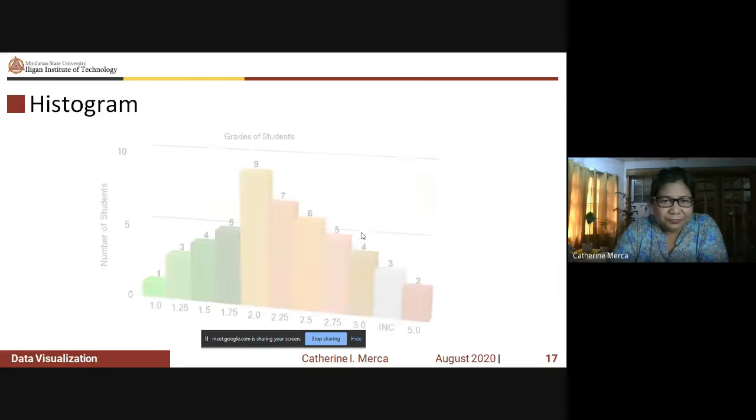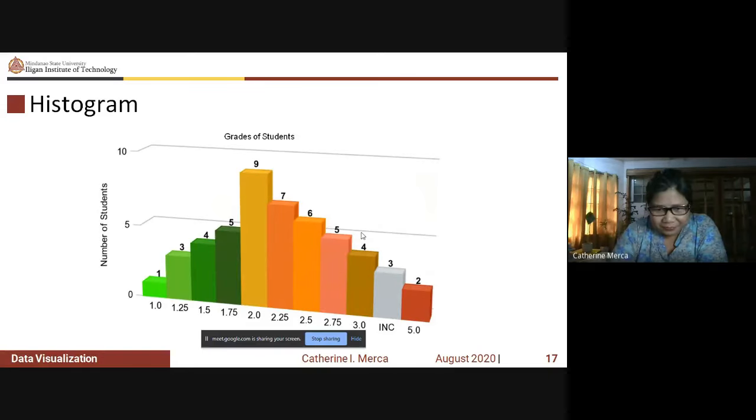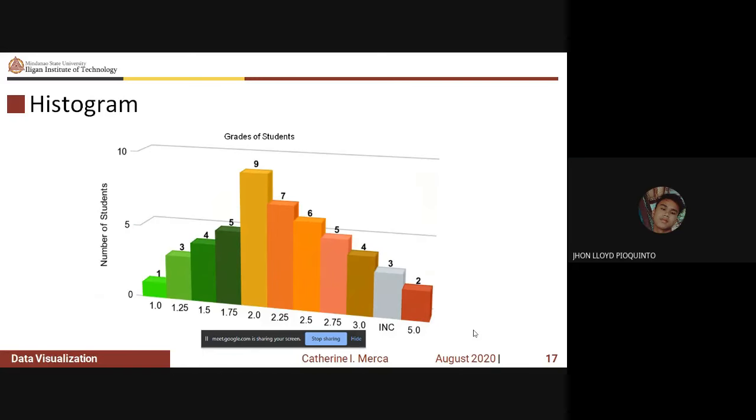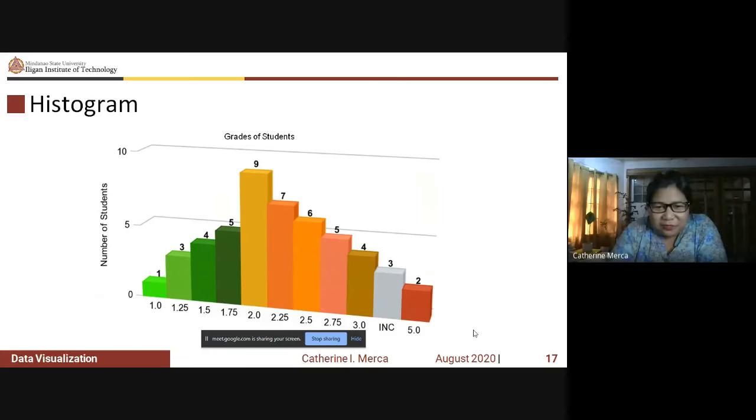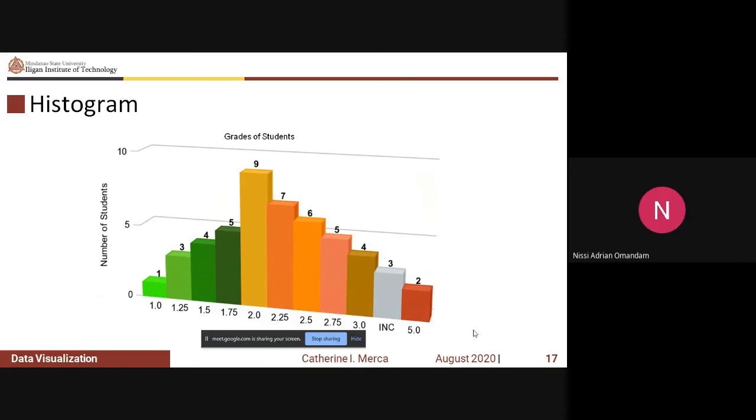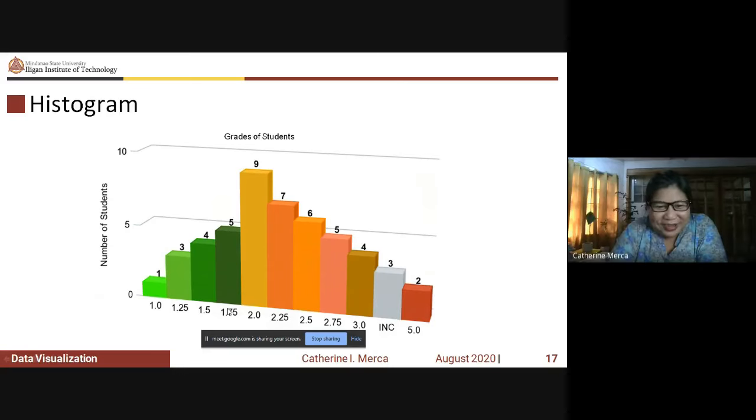This is an example of a histogram. What can you see in the histogram? Grades of students. Yes. What information can you see? You can see the information directly, right? One also got 2.0.